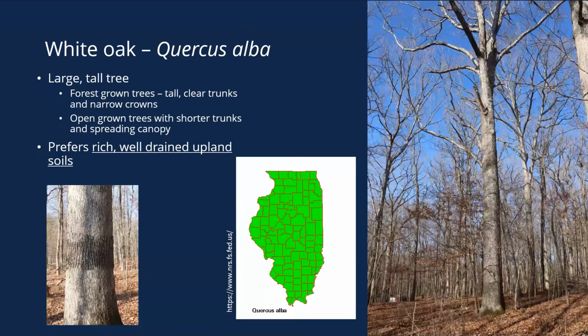But open grown trees, so white oaks that are grown outside of competition from other trees, tend to be shorter with a big spreading canopy. And overall, even though white oaks have a real variable ability to grow in a lot of different habitats, they do best in rich, well-drained upland soils, but you can find them in fairly dry sites all the way into fairly wet sites, and it's found across the entire state.